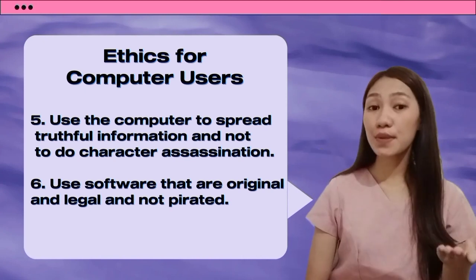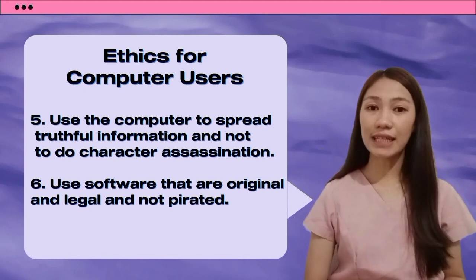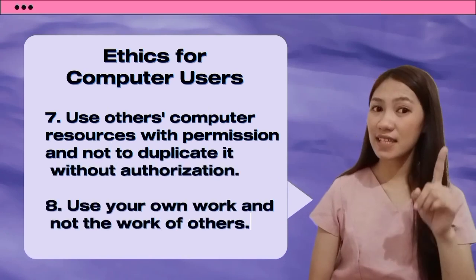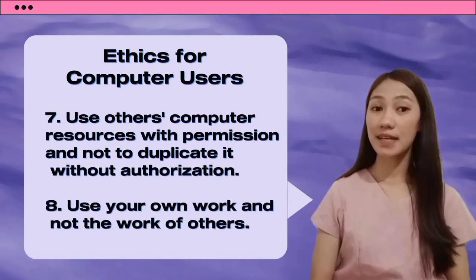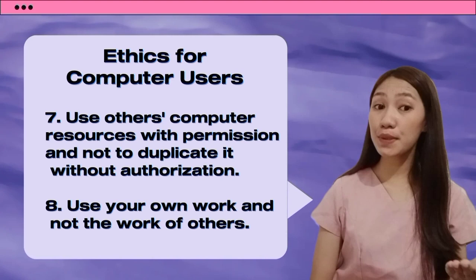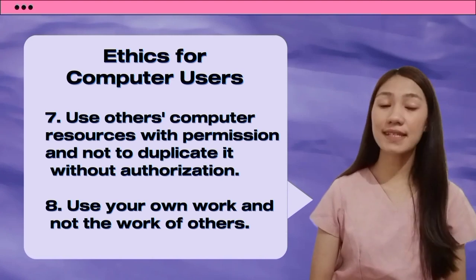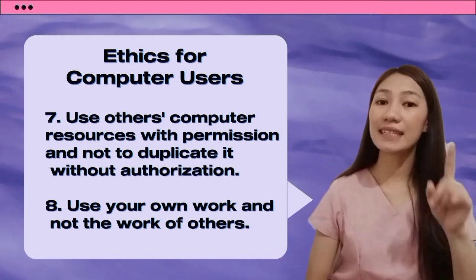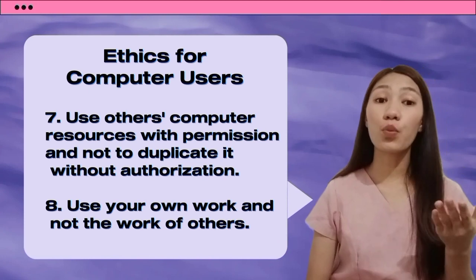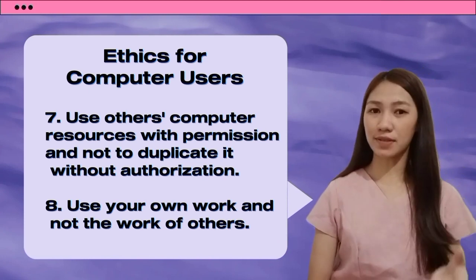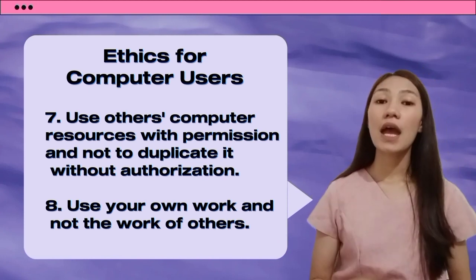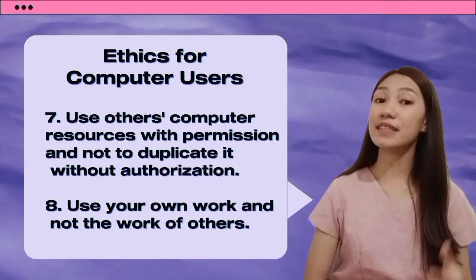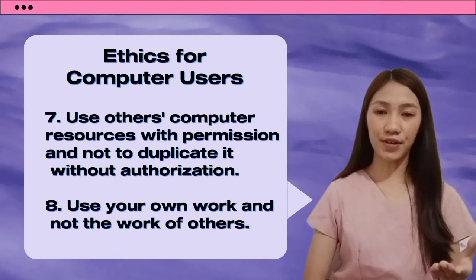Sixth, use software that are original and legal and not pirated. Seven, use others' computer resources with permission and not to duplicate it without authorization. Eight, use your own work and not the work of others.